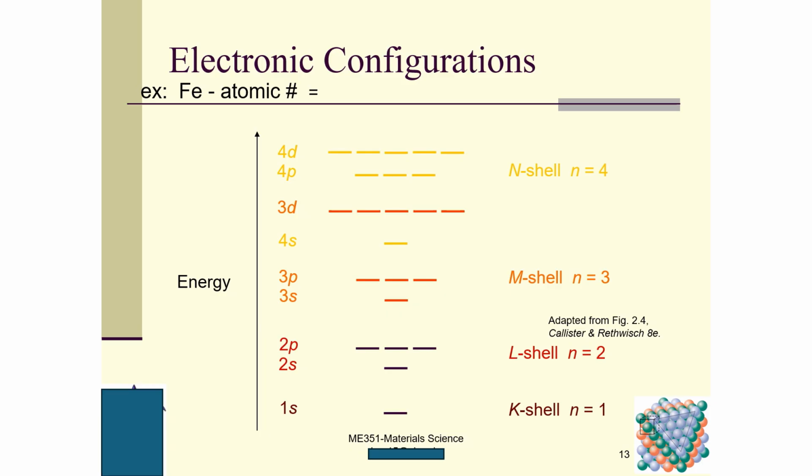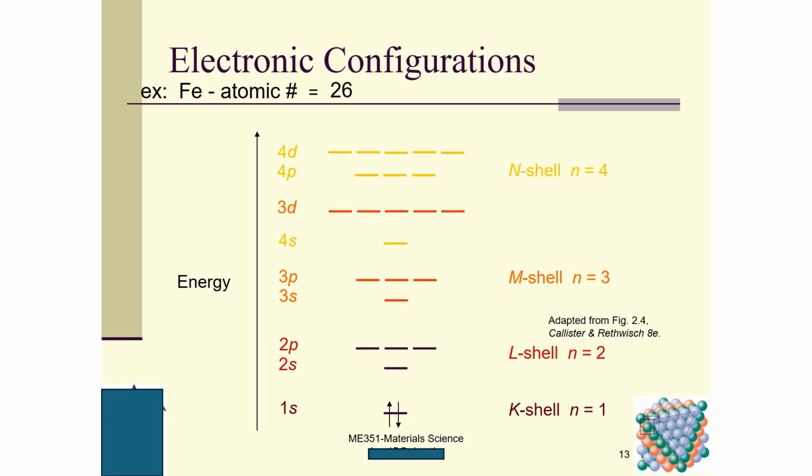Let me give you another example, iron. Iron has atomic number 26. Here you see the energy levels of different shells: K shell, L shell, M shell, along with N shell. We have 1s, 2s, 2p, 3s, 3p, 3d here, and 4s. The energy level for 4s is a little bit lower than 3d, and that's the reason graphically we list 4s below 3d.